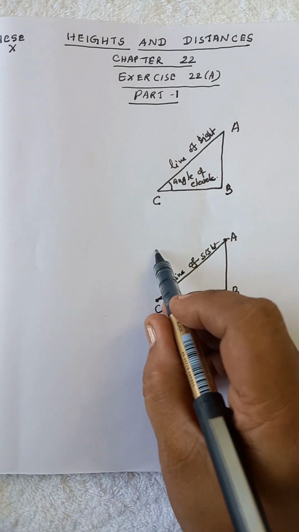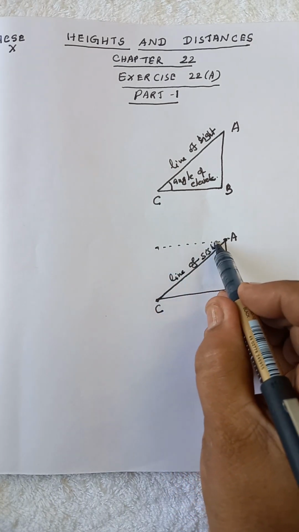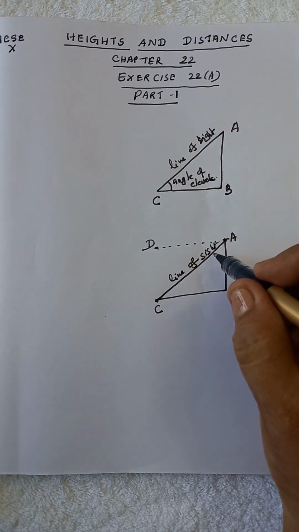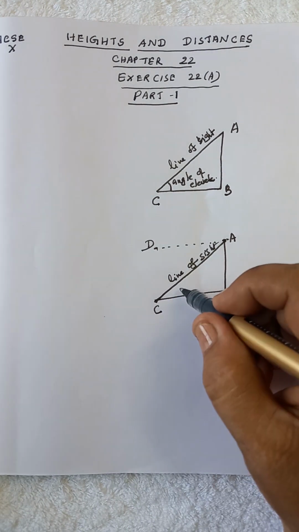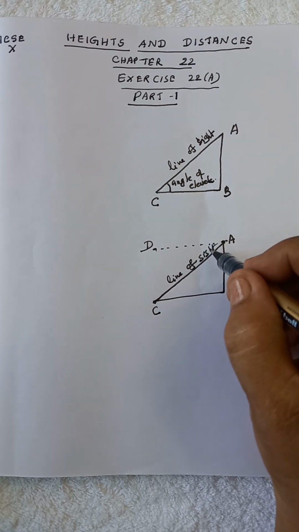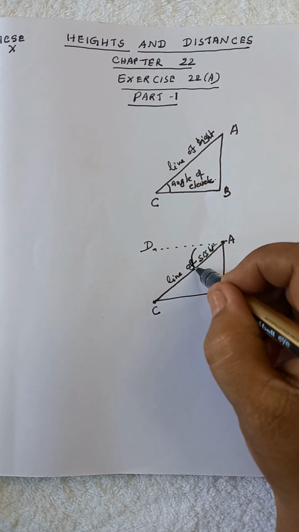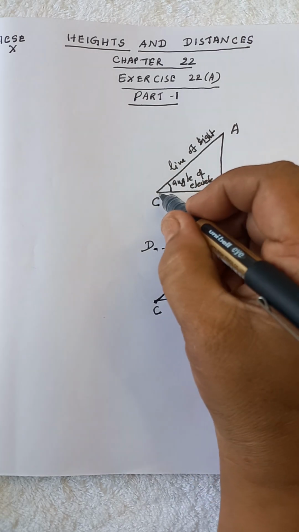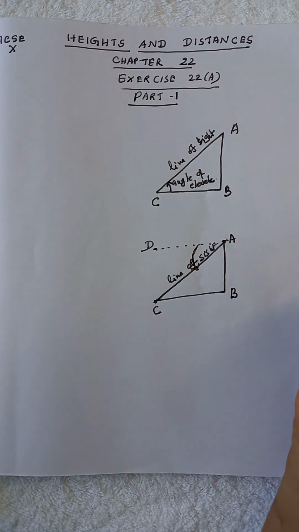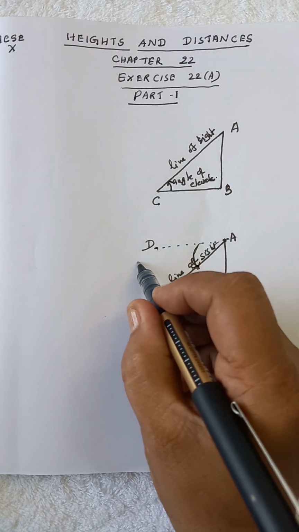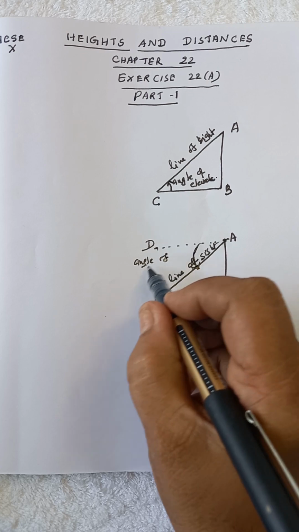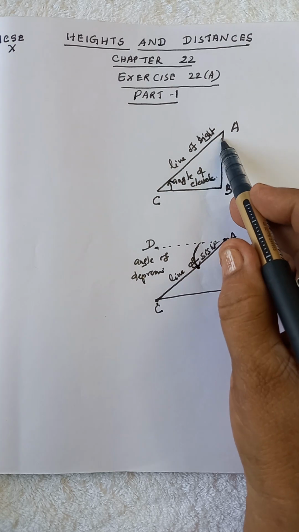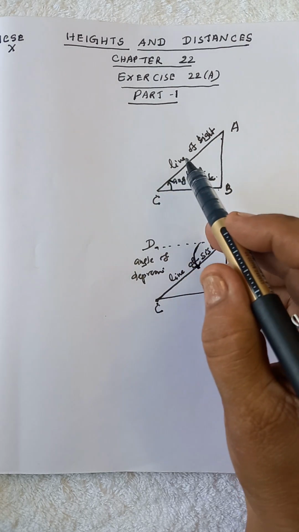If we draw the horizontal AT, then the angle which the line of sight AC makes with the horizontal is called the angle of depression. So angle DAC is the angle of depression. Here angle ACB is the angle of elevation.